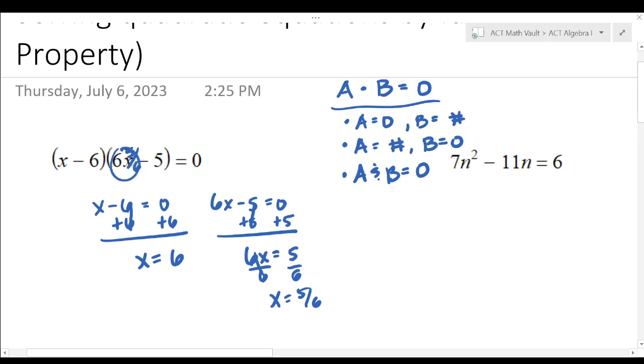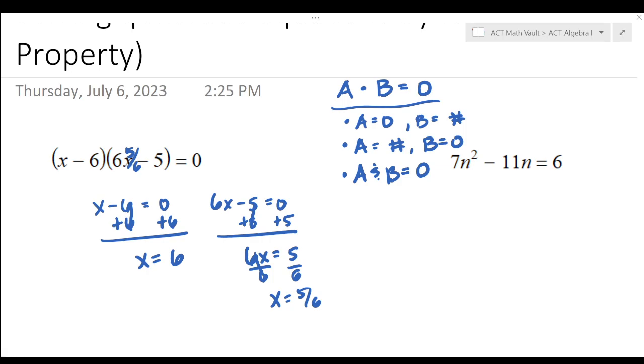This would become 5 minus 5 is 0. So yeah, that would be case 2 here, where you'd have a number. This is 5/6 minus 6. That would be a number. But still, you would have the situation where the product would equal 0.